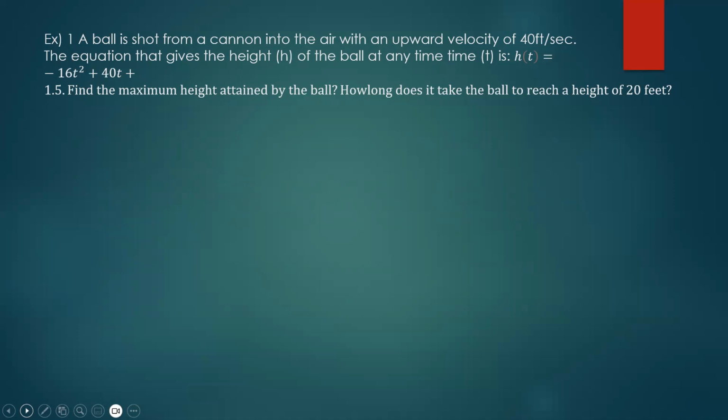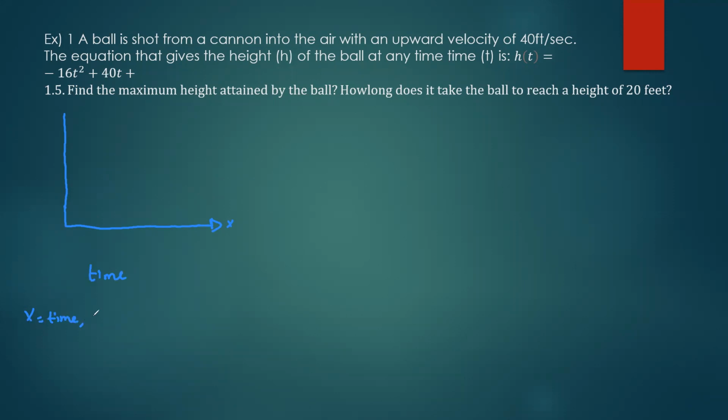So they're asking two things. Find the maximum height attained by the ball, and how long it takes the ball to reach a height of 20 feet. So what would I do? Since we're going to graph it, what would be considered our x values and what would be considered our y values? I believe our x value on the x-axis is going to be time.